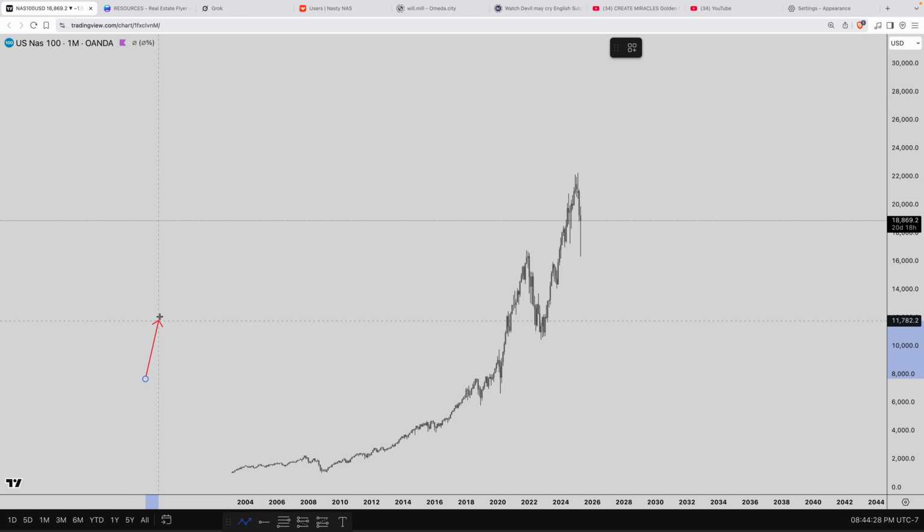Uptrend, right? We have a high, a low, a higher high, and a higher low. Legally, on paper, you cannot make a higher high without breaking structure. Legally, right?